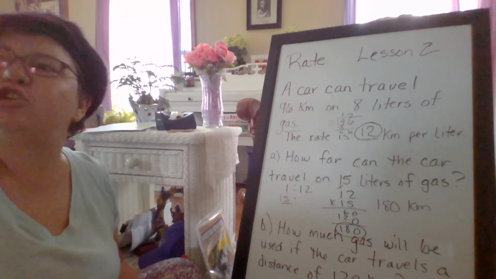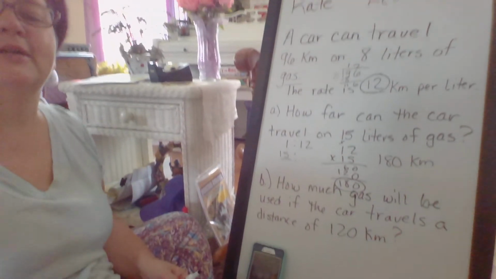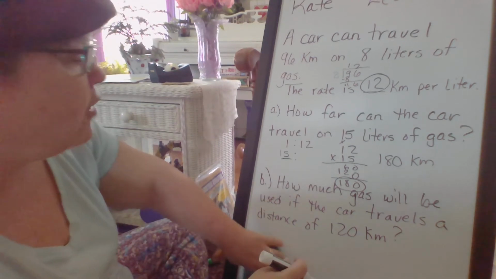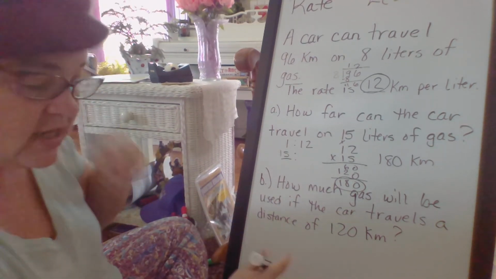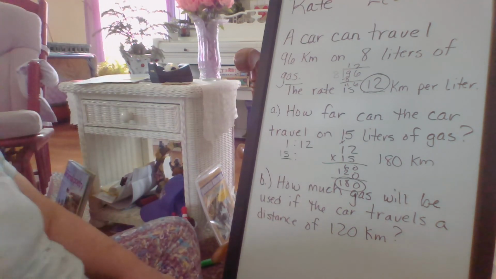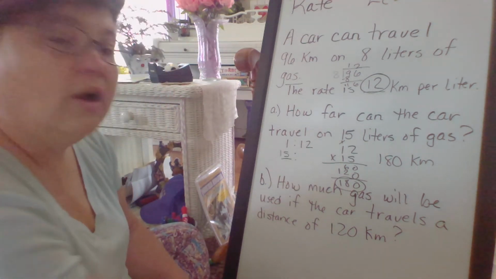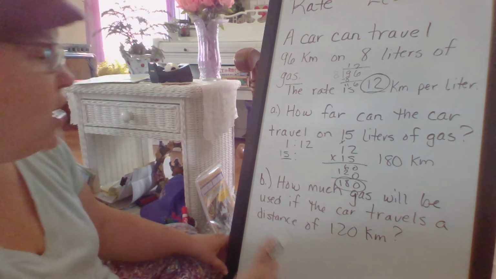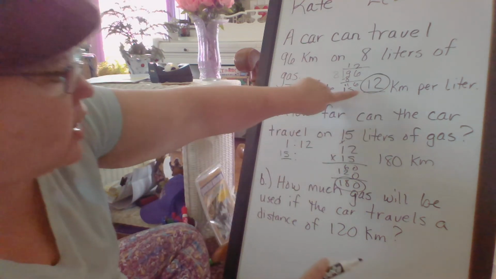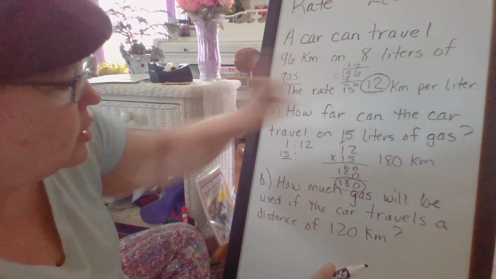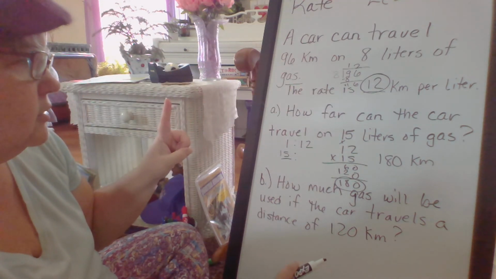Now it says, how much gas will be used if the car travels a distance of 120 kilometers? Okay, so I know that it can go 12 kilometers on 1 liter, right?